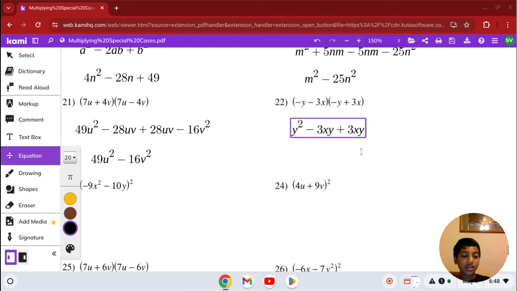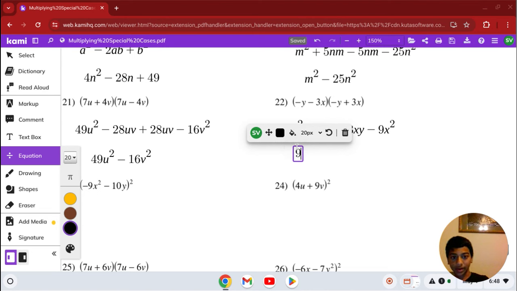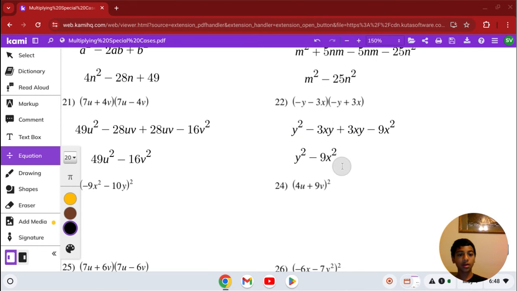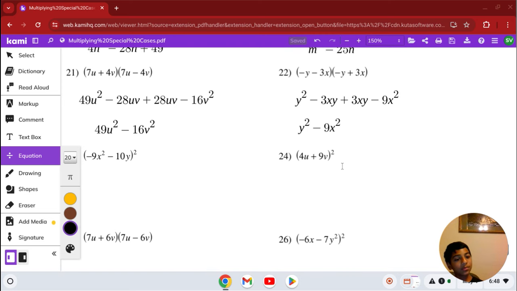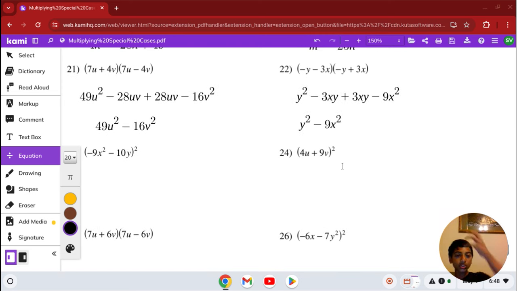And then negative 3x times 3x is minus 9x squared. Simplifies to y squared minus 9x squared. That's our final solution in number 22.